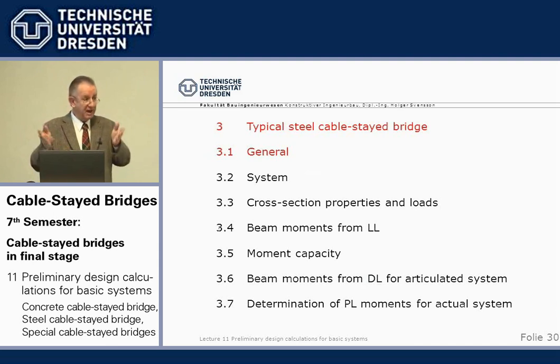We have the live load moments from an elastically supported beam, which depend on the elastic length. And we have calculated the tower moments from the deflection of the tower head under live load in the main span. That's all we need.